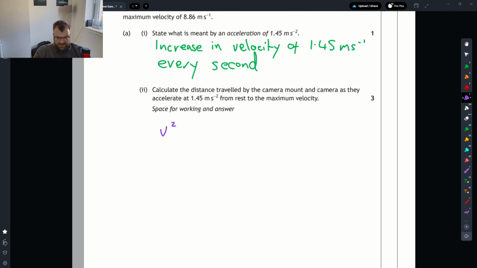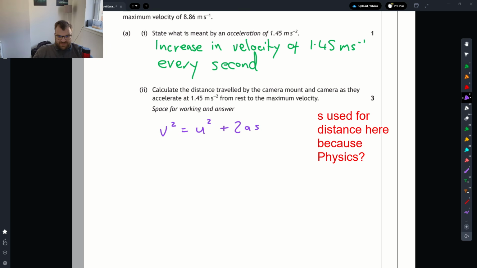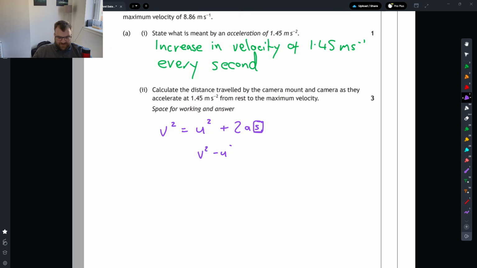So V squared equals U squared plus 2AS. Bit of rearranging. I want S by itself. So if we move that across and take away, V squared take away U squared is going to be the 2AS, and then S will equal that thing all over 2A. So then numbers.